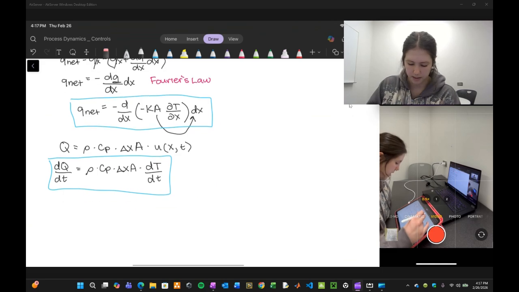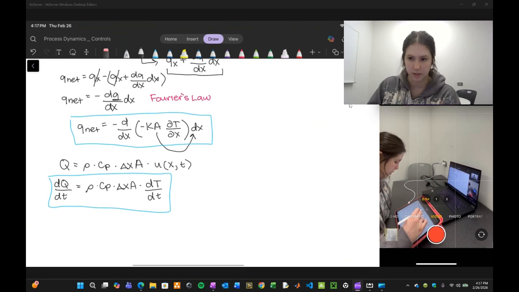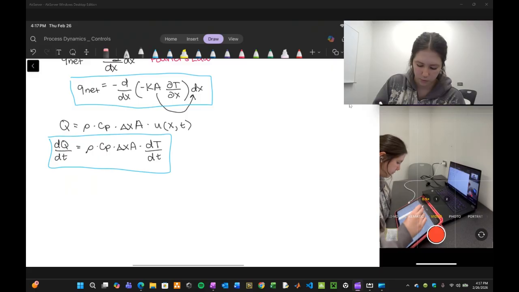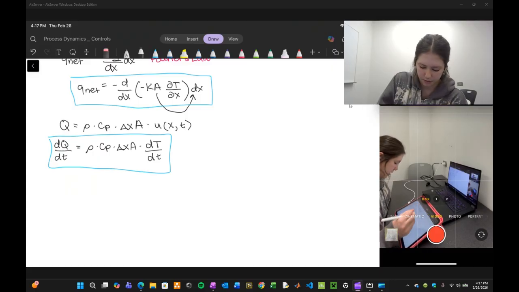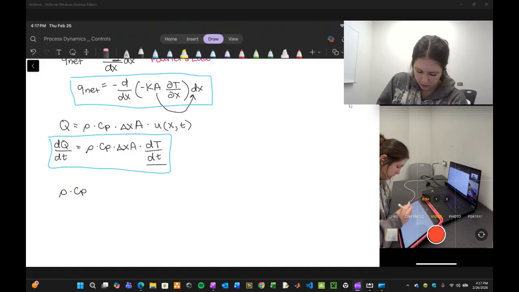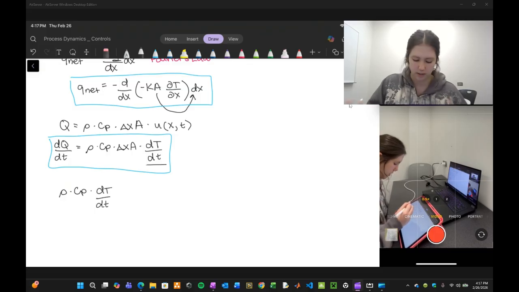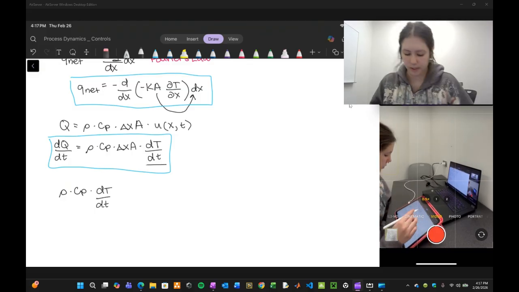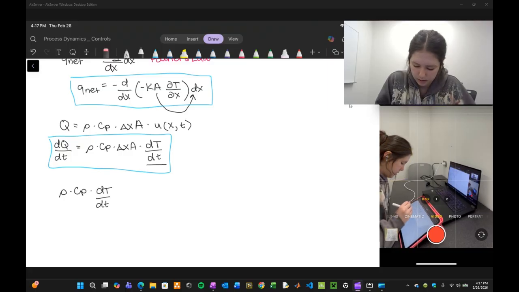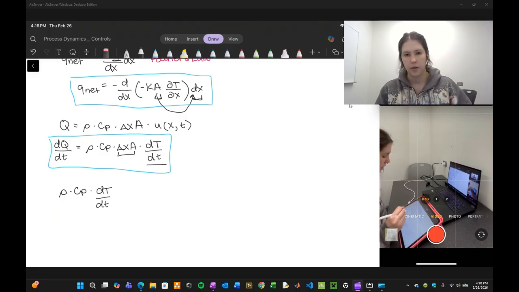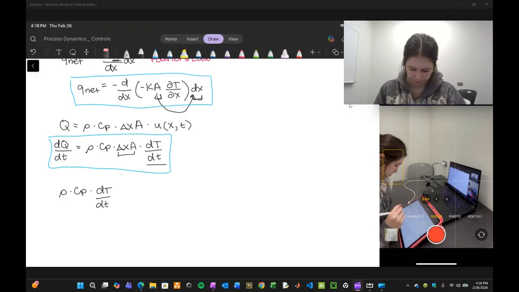So if we combine these two equations in blue, what we end up getting is our density times our heat capacity times this change in temperature over time. You'll notice these two terms, this A, the x here, they actually cancel.